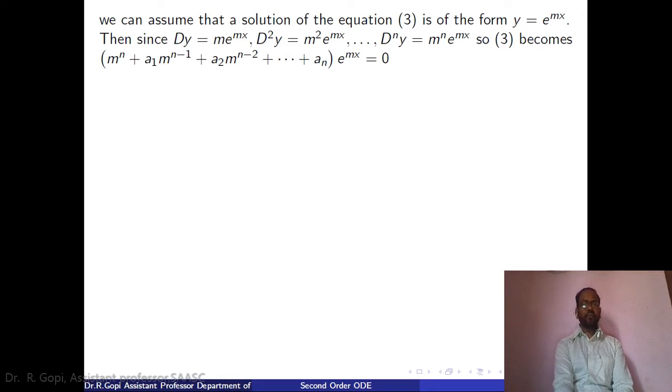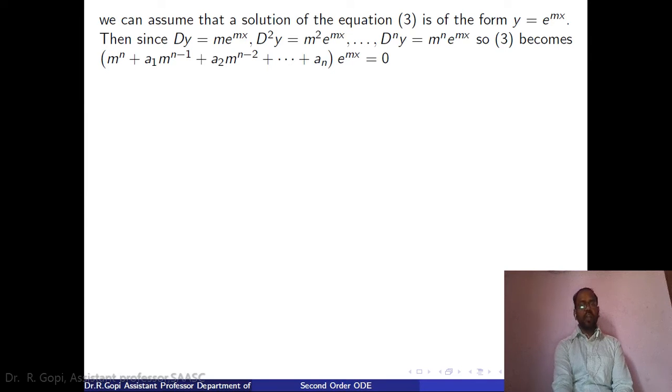Here, if a times b equals 0, then either a equals 0 or b equals 0. But we take y equal to e^(mx) as the solution, so e^(mx) is not equal to 0.